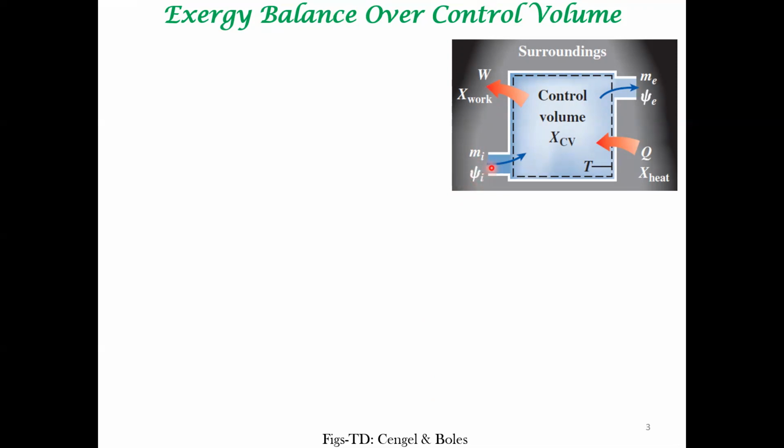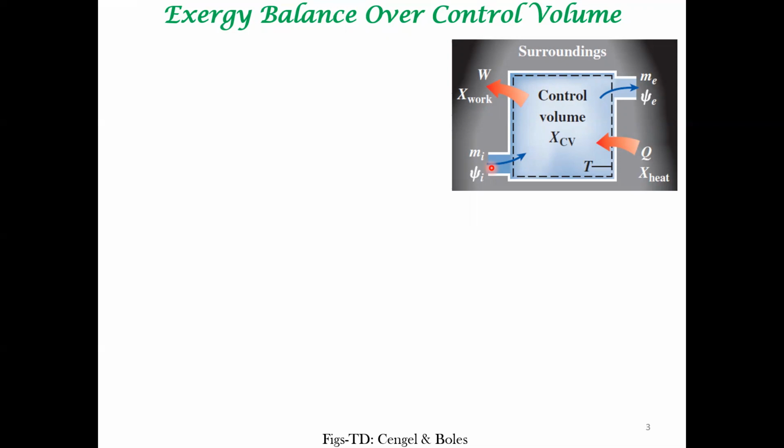So the problem becomes very similar to the way we thought about entropy balances, because entropy and exergy are not conserved quantities. There is a generation term in the case of entropy, and there is a destruction term in the case of exergy. So that's what makes a balance equation possible.